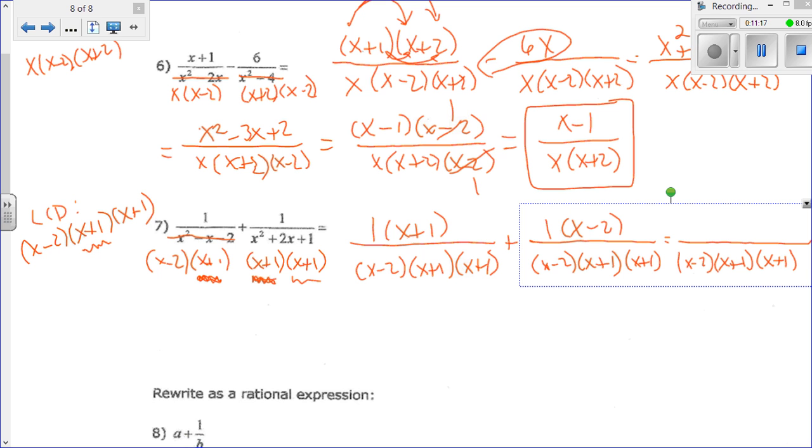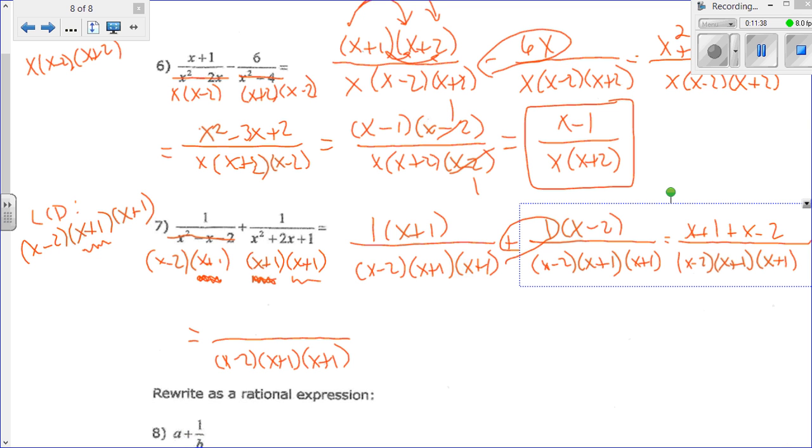All right, when I multiply, I'll have x plus 1. This is just a positive 1, so I don't have to worry about anything, plus x minus 2. Now I combine like terms, and I have x minus 2, x plus 1, x plus 1.